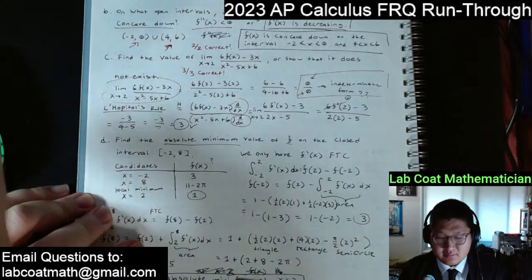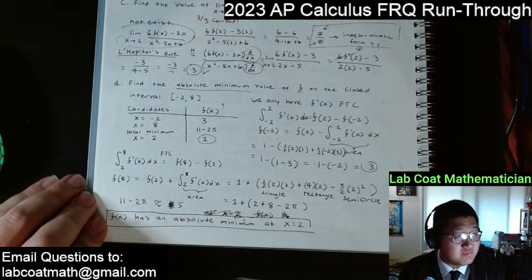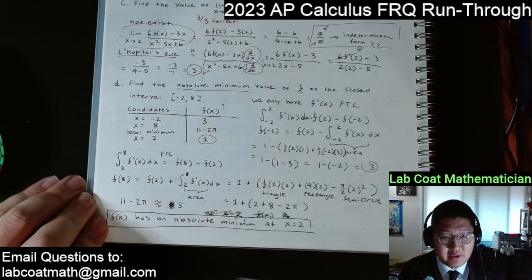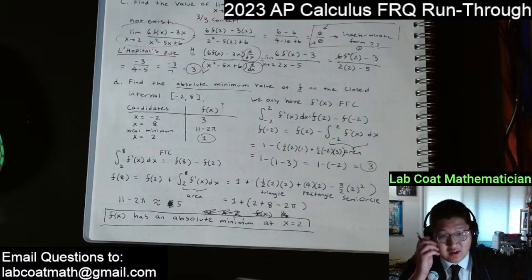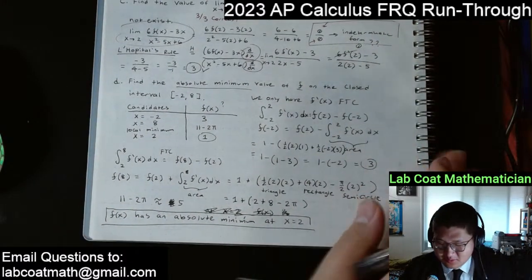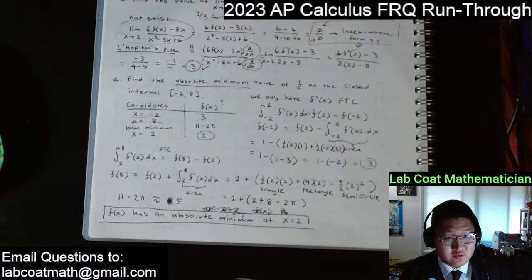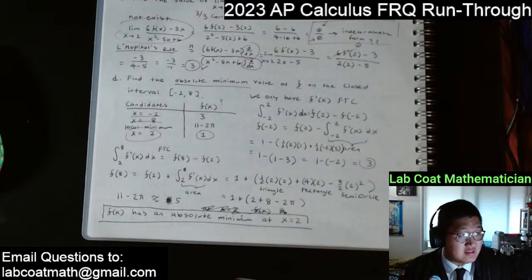Okay. Lastly, on part D, we are looking to find the absolute minimum value on that closed interval. Okay. So we have a few candidates for ourselves over here. Meaning that, again, we were looking for the absolute minimum in terms of the endpoints for this function at -2 and +8, and the local minimum at x is equal to +2.